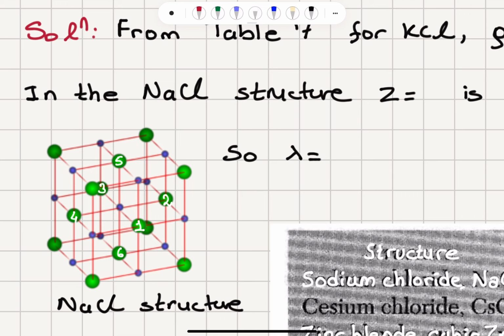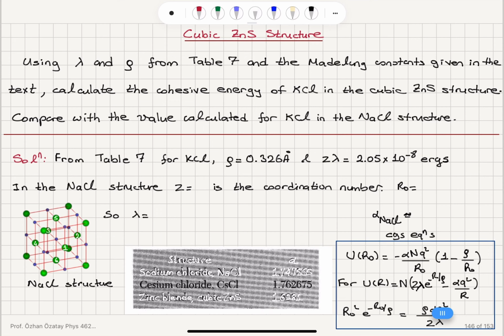If we concentrate on this atom in the middle, we can count the number of nearest neighbors: 1, 2, 3, 4, 5, and 6. So we have 6 nearest neighbors. Coordination number Z is equal to 6.